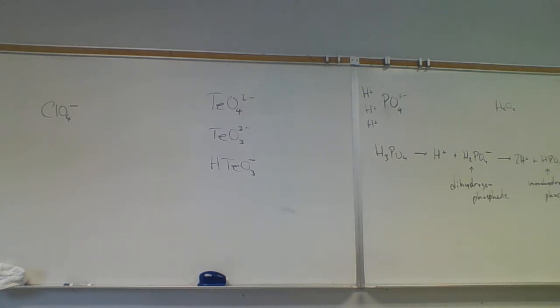And so what's the proper formula for this? How many perchlorates do we need? 2. We need 2 perchlorates. And so we're going to get Ba(ClO4)2. Is that right? Yeah, we need parentheses around ClO4. And so this would be barium perchlorate.